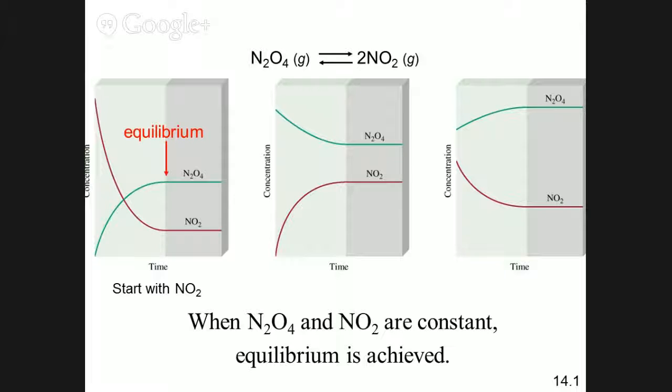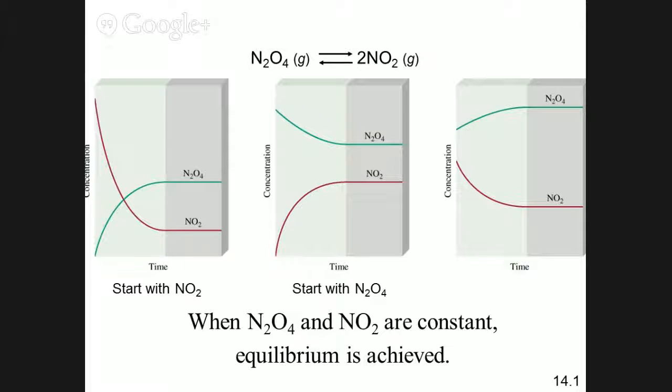Now, that doesn't tell us anything about how much NO2 or N2O4 is there. All we know is once we hit that point, notice they're flat lines. That means they're constant from that point on. They're both at some constant amount. They're not changing. The one's turning into the other and vice versa repeatedly. In the second example, we start with the other one.